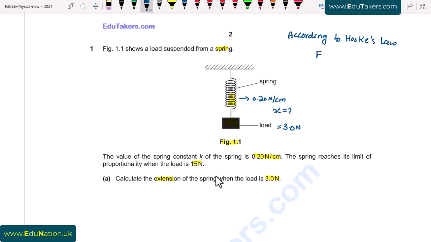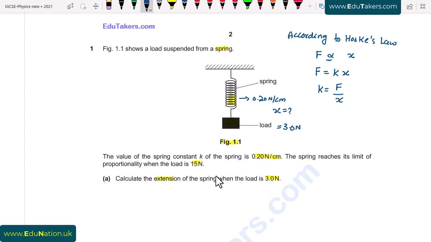F represents the load and x represents the extension. The load is directly proportional to the extension, and to remove this sign of proportionality we write here a constant K, where K is the spring constant, and the value of K will be equal to load per unit extension.